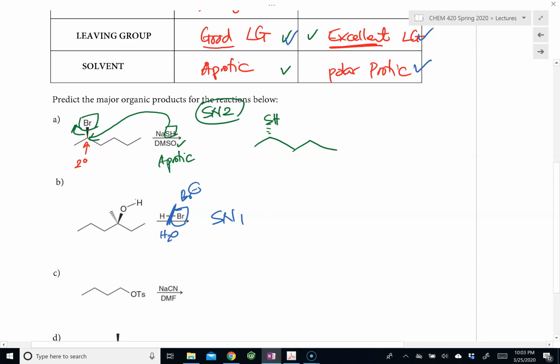So in this SN1 mechanism, the first thing that is going to happen would be the protonation step, where the water comes in and picks up the proton from the HBr to become protonated.